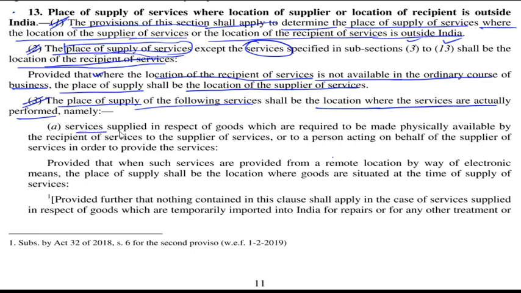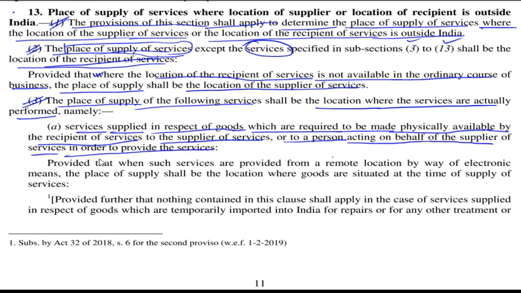Services supplied in respect of goods which are required to be made physically available by the recipient of service to the supplier of service or to a person acting on behalf of the supplier of service in order to provide these services.